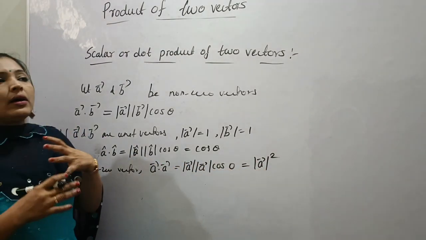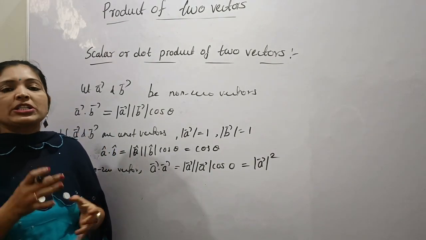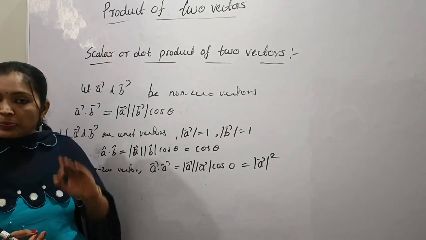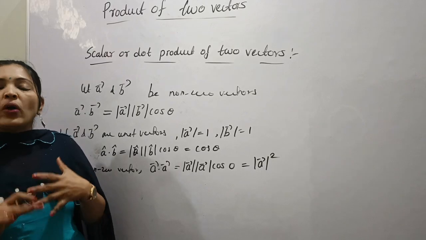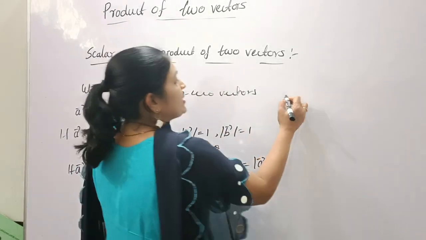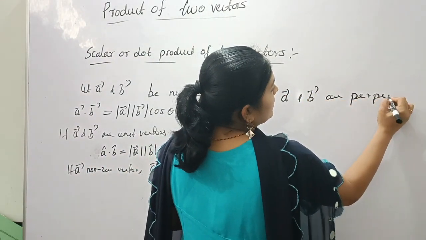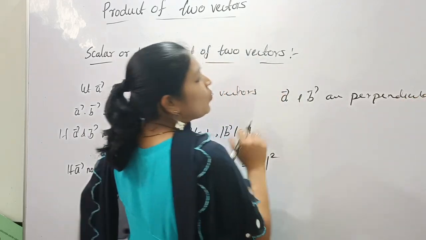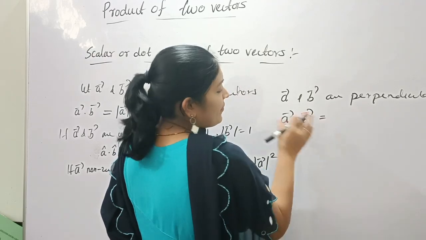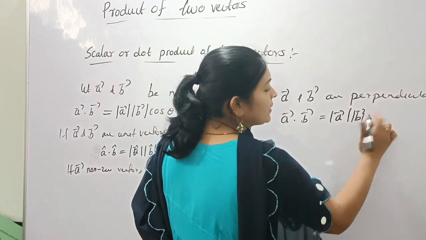Now, what is the scalar product of mutually perpendicular vectors? Suppose vector A and vector B are mutually perpendicular. Then what is the angle? What is the scalar product of them? Vector A dot vector B is modulus of vector A into modulus of vector B into cos theta, right?